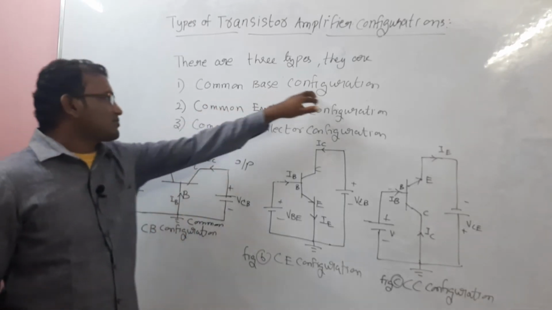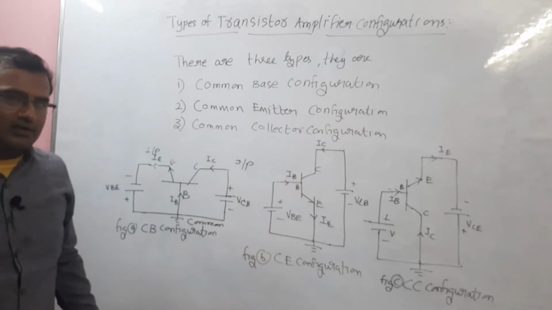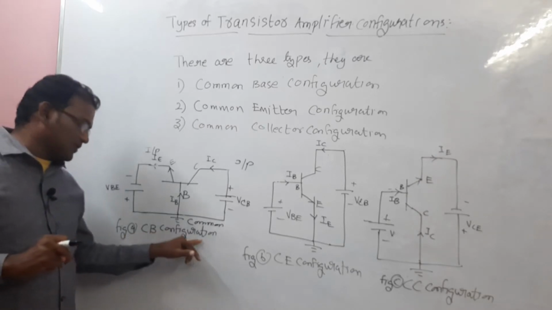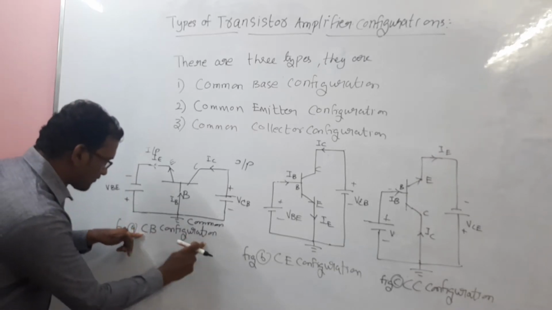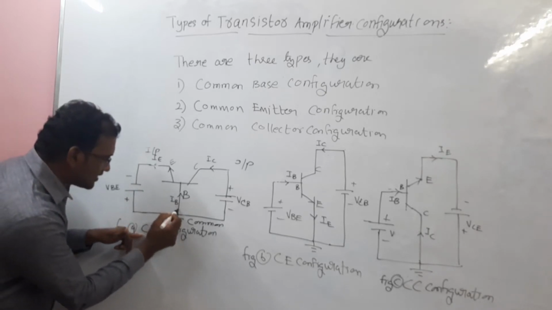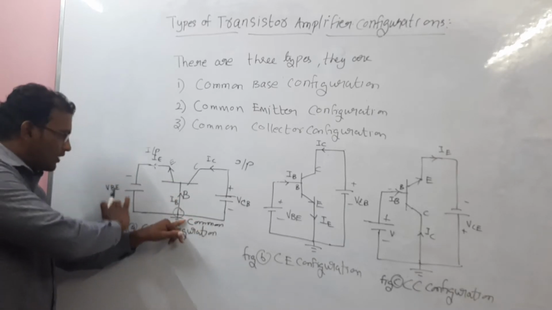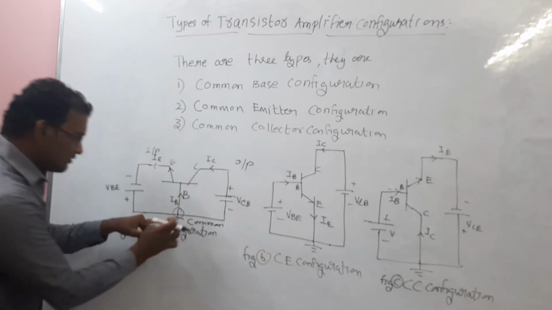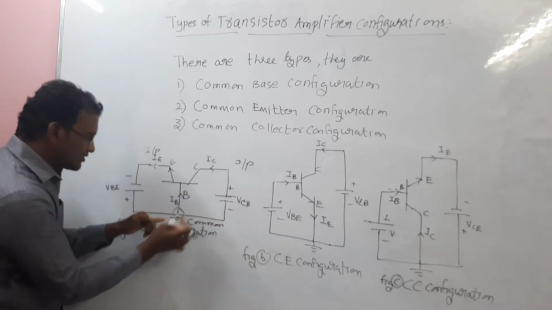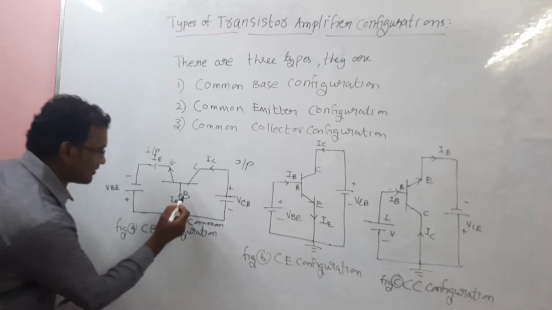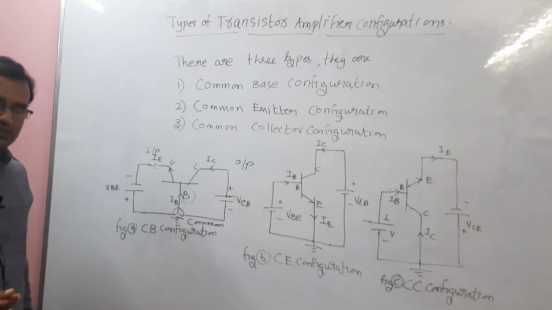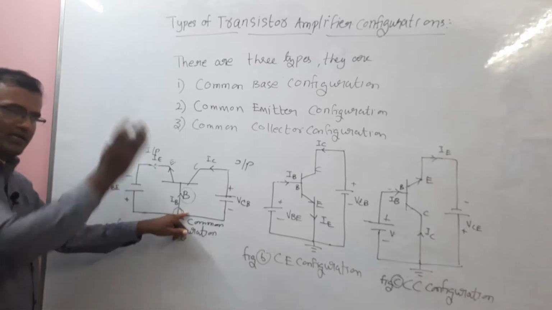In case of common base configuration, which terminal is common? Base. Why? Because it is common base configuration, so base is the common between input and output.